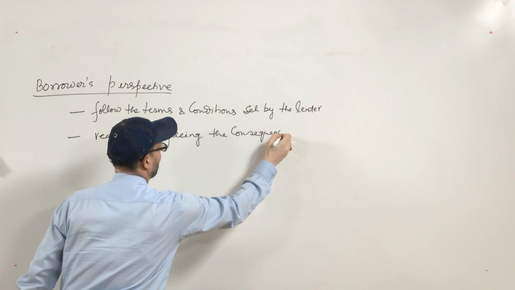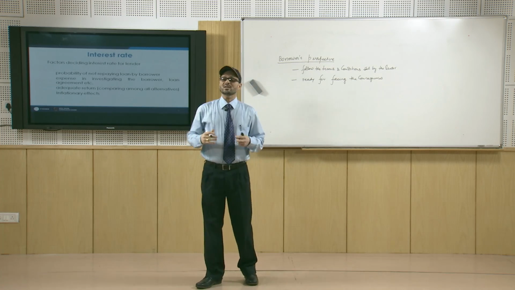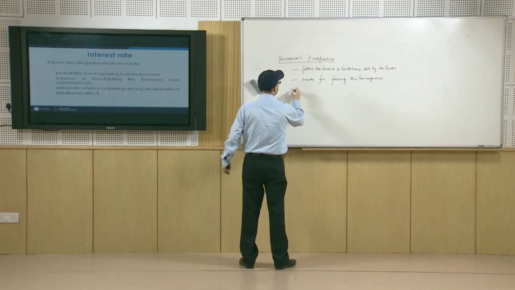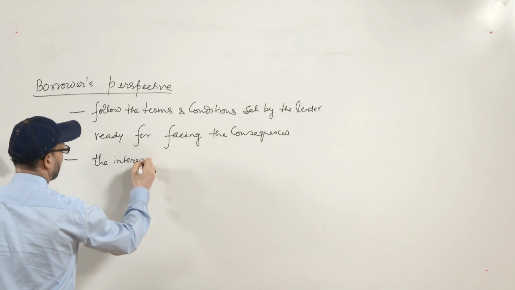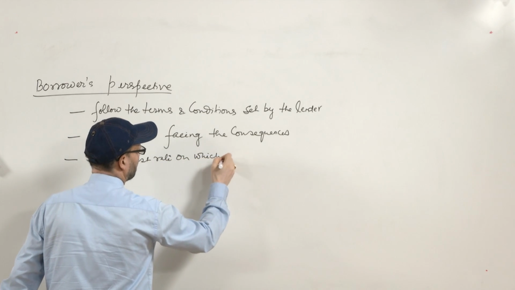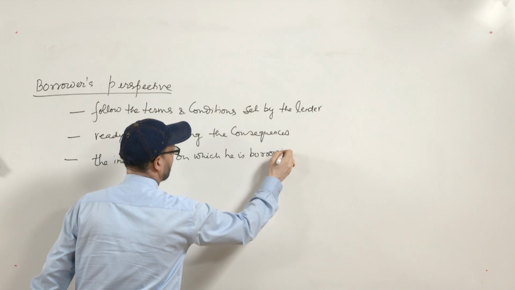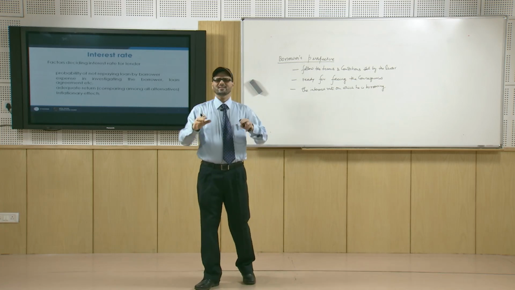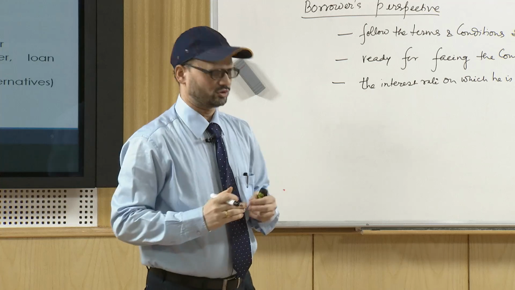Now, next comes that at what interest rate he is getting. So, basically he has to see the interest rate on which he is borrowing. So, basically we will have many alternatives and he will see what are the interest rates on which he can get the amount.